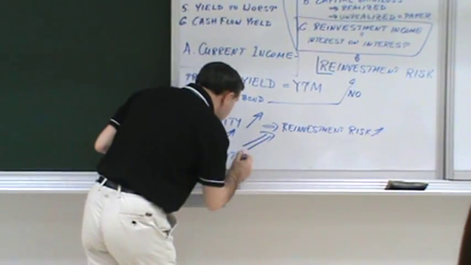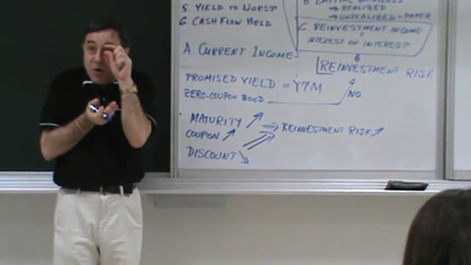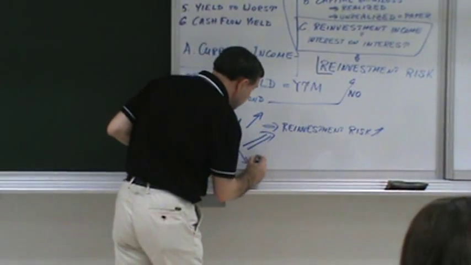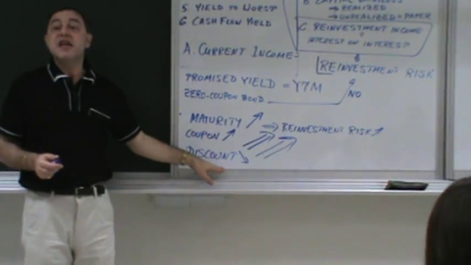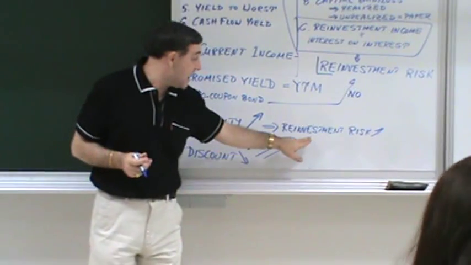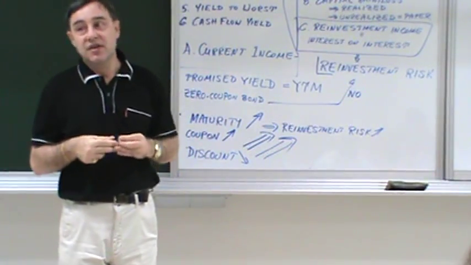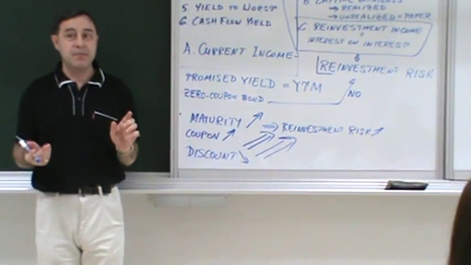So if the discount is small, you have a lot of reinvestment risk. If the discount is large, you have less reinvestment risk. Let me try to explain this piece again so it can go home.